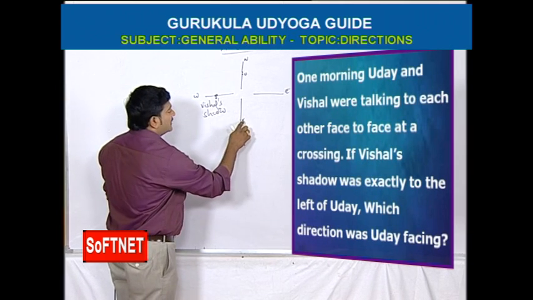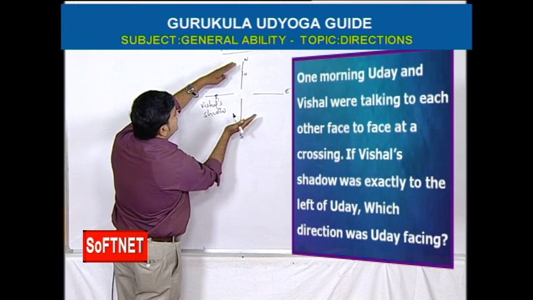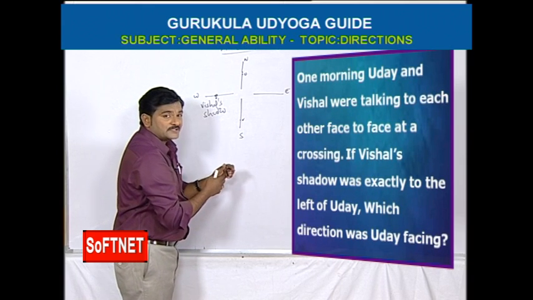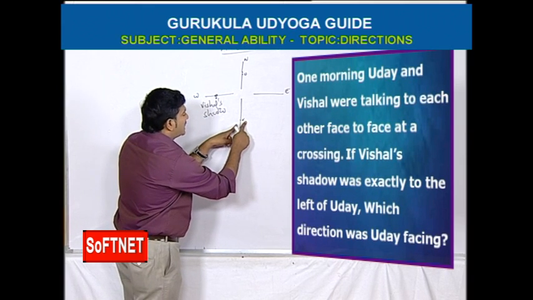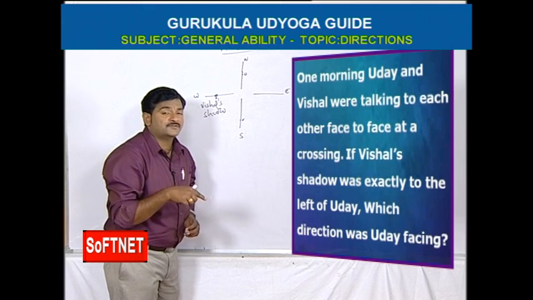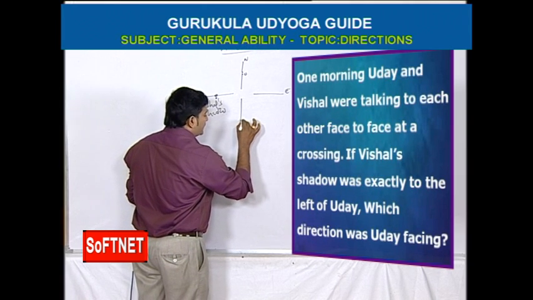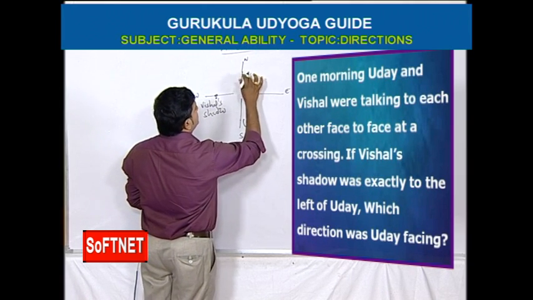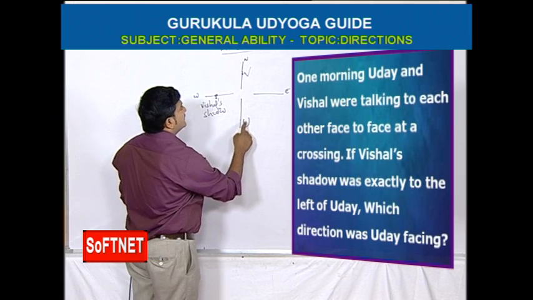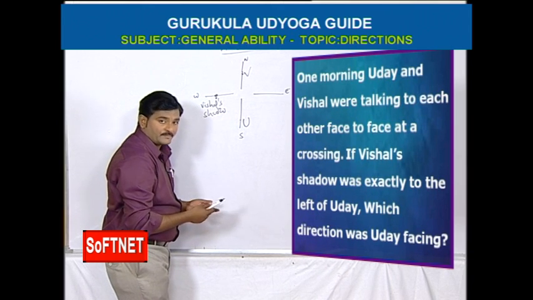If I take Vishal on the south direction and Uday on the north direction, they are talking to each other. So Uday is facing south, Vishal is facing north. In this case what you observe is that Vishal's shadow is to the left of Vishal. But in the question, Vishal's shadow must be to the left of Uday. That's why this space must be for Uday and this must be for Vishal. Now observe here, Uday is facing towards north and Vishal is facing towards south. What can we say?